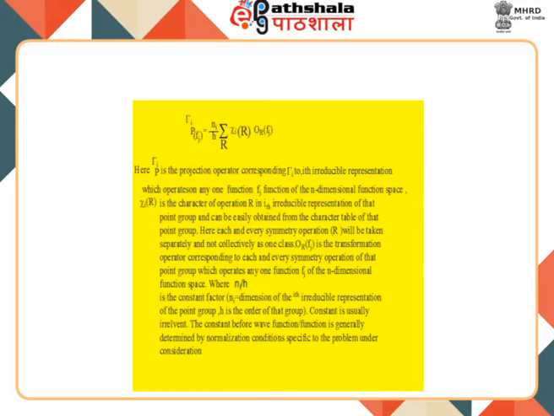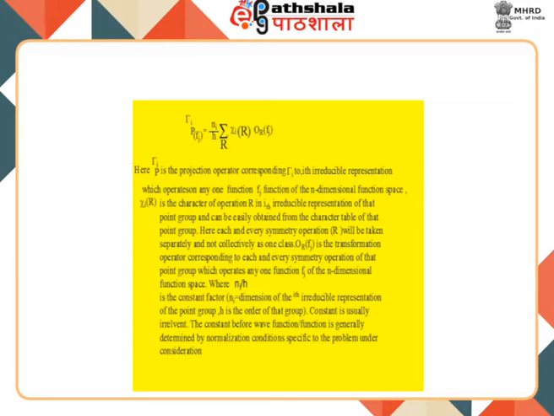Then what is the next? Net result is there. So, in this we are having three basic things, that is, we take the projection operator corresponding to the desired irreducible representation.